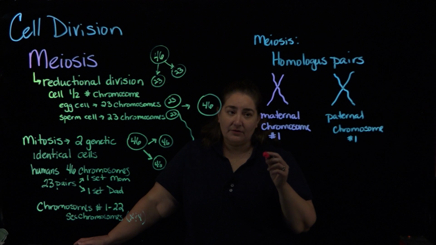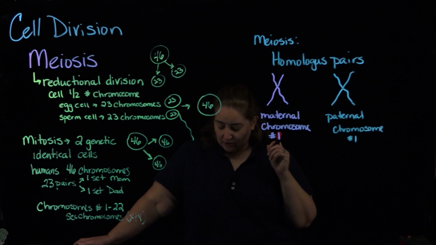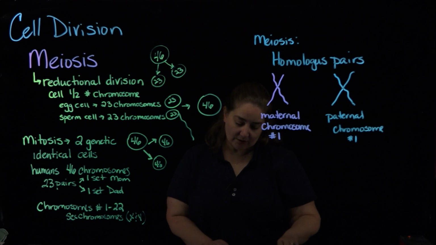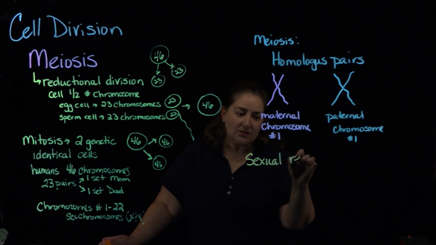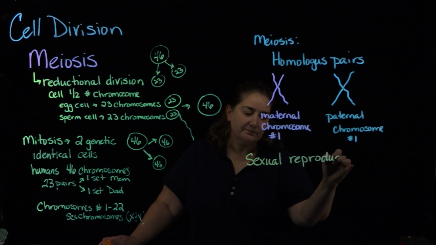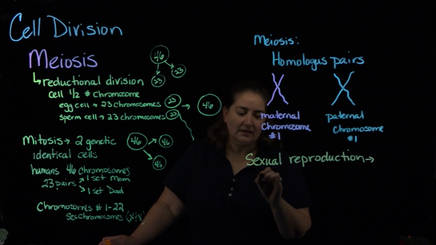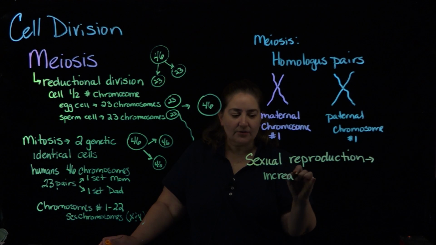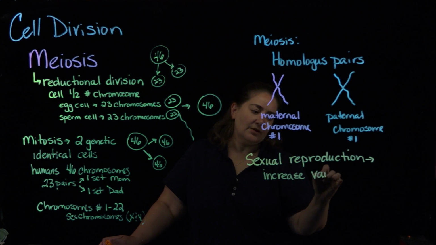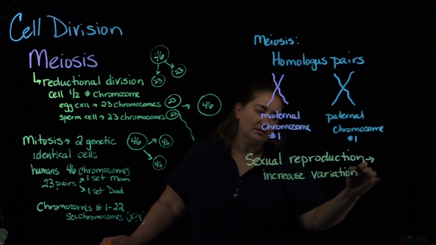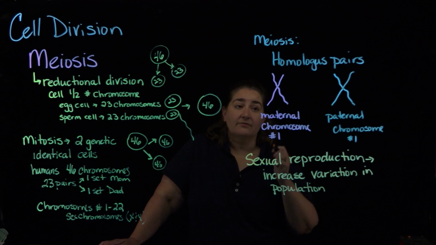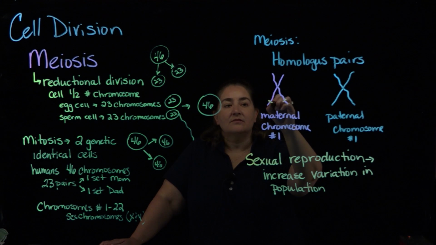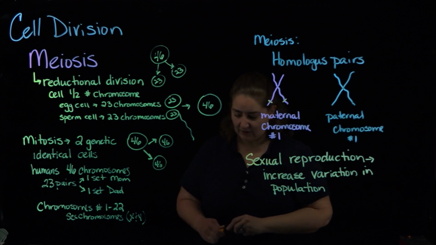Now, in terms of the chromosomes and why this is going to be important, okay? Sexual reproduction is going to increase the variation in a population, okay? Because you're going to have a certain gene that you inherit from mom, okay?